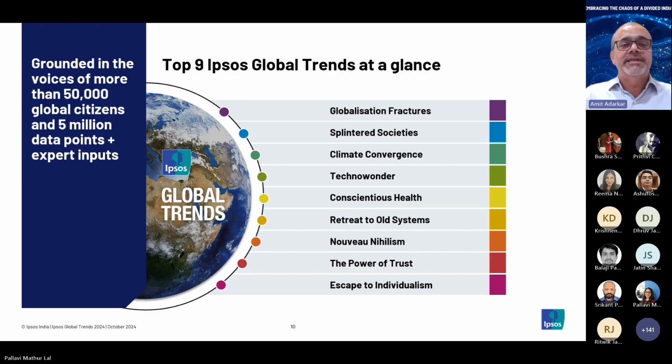Let me talk about one more trend which is interesting to me personally, which is this area of conscientious health. After COVID, we do see that people are becoming much more conscious about their own health, being cooped up, worrying about your own health. There's a tendency to say, listen, I need to take care of myself.